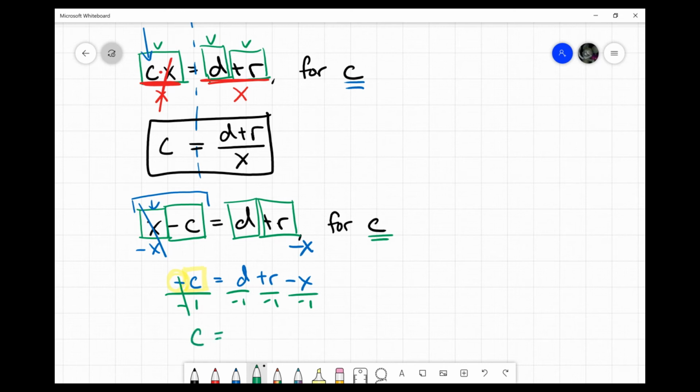A positive d divided by a -1 is a negative d. Positive r divided by a -1 is a negative r, and a negative x divided by a -1 is a positive x. So c is equal to negative d minus r plus x.